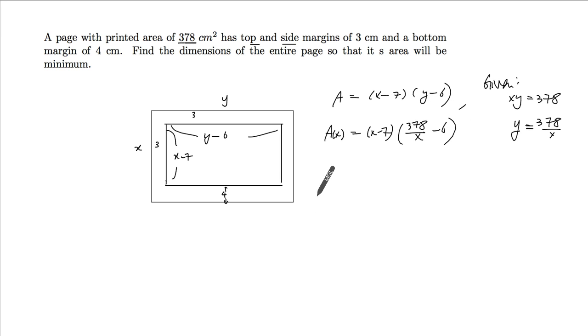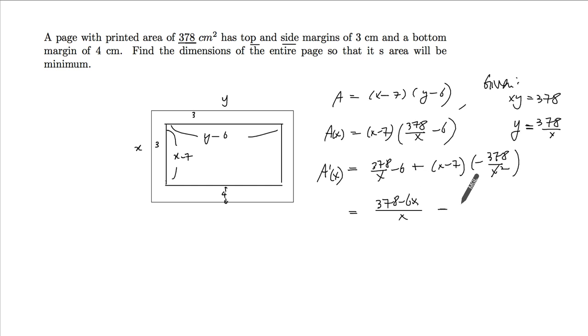Okay. Let's differentiate this for critical numbers. Okay, so you get 378 over x minus 6 plus x minus 7 times minus 378 over x squared when you differentiate that. Okay, and this is 378 minus 6x over x, and this is minus 378 times x minus 7 over x squared.